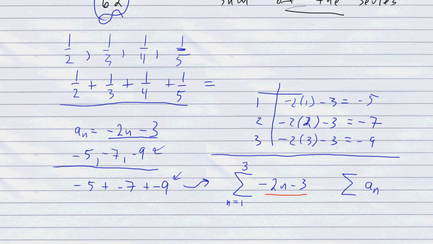And how many terms should we add up? That's given by the numbers above and below the sigma sign. The bottom shows what the first term is that we're adding, usually 1. The top shows how many terms we're going to add up. So the 3 means we're going to add up the first, the second, and the third term, which is what we did over here.